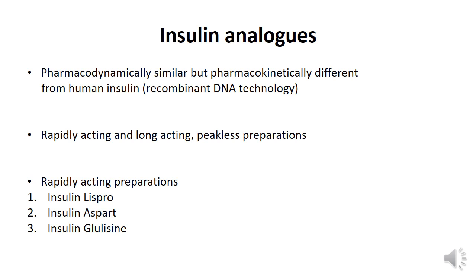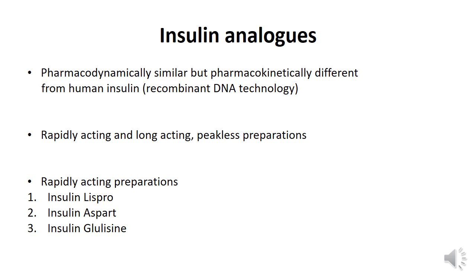Number 4, insulin analogues. These analogues are pharmacodynamically similar to human insulin but kinetically different. They are also manufactured by the recombinant DNA technology, so they have the same advantages as that of human insulin.